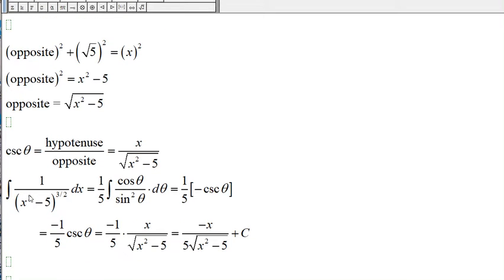And so the final answer will be negative 1/5 cosecant of theta, but cosecant of theta is x over the square root of x squared minus 5, and so the final answer will be negative x divided by 5 times the square root of x squared minus 5.